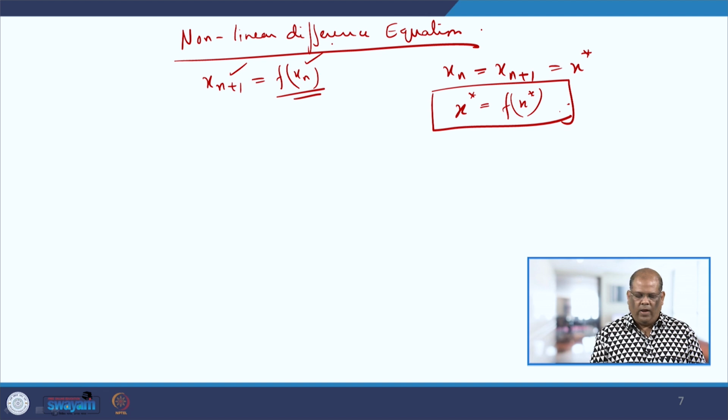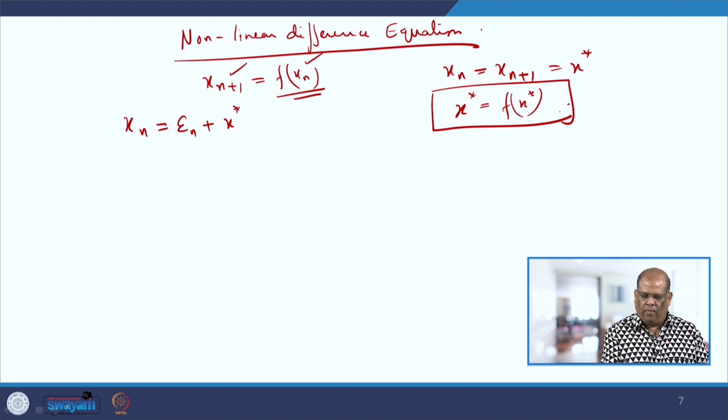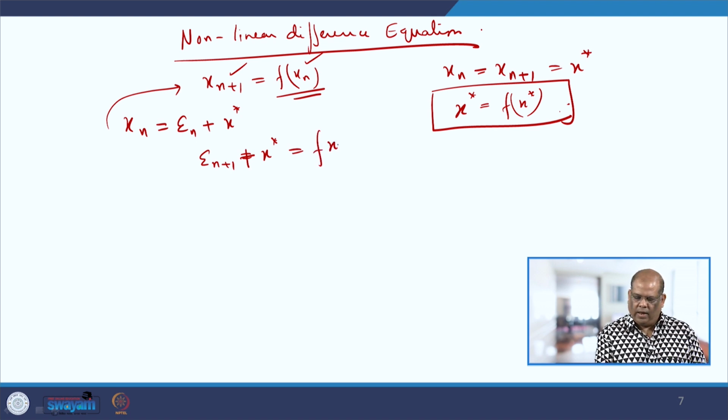Now, let us see what kind of condition we will get for stability analysis. For stability analysis, we give a small perturbation about the equilibrium point. This means that you replace x n by a small perturbation epsilon n about the equilibrium point x star. So, you substitute it here and you get epsilon n plus 1 plus x star equal to f of x star plus epsilon n.